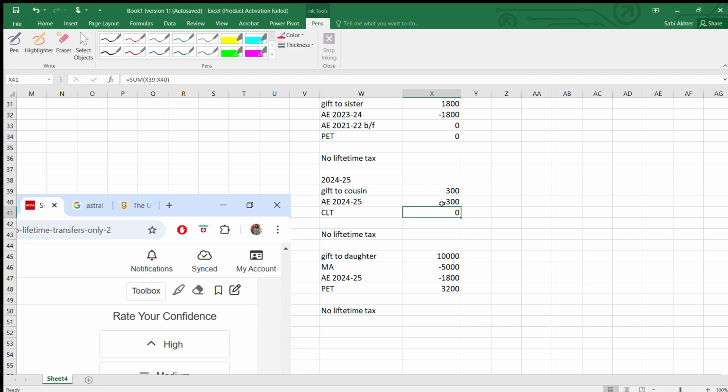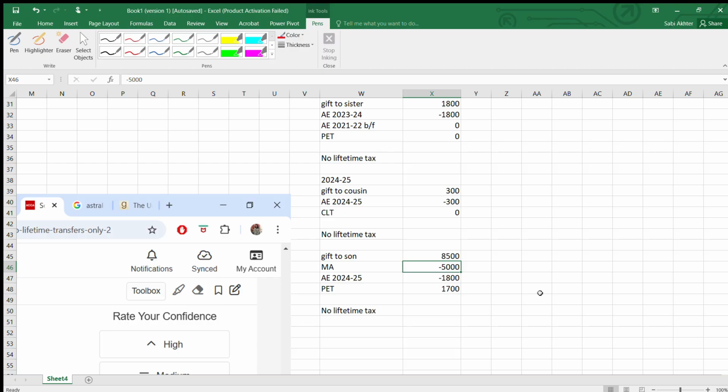Now the next is gift to son. So gift to son is 8,500. Then first we are going to deduct the marriage exemption, which is 5,000, and then the balance annual exempt amount.